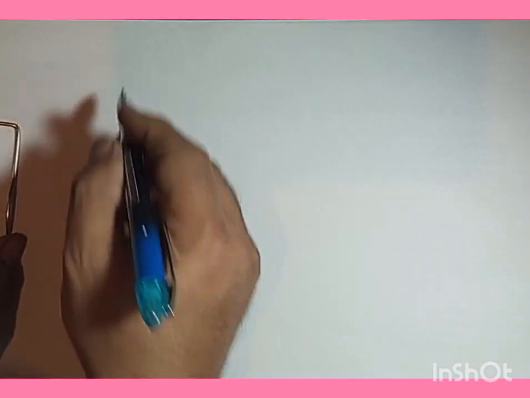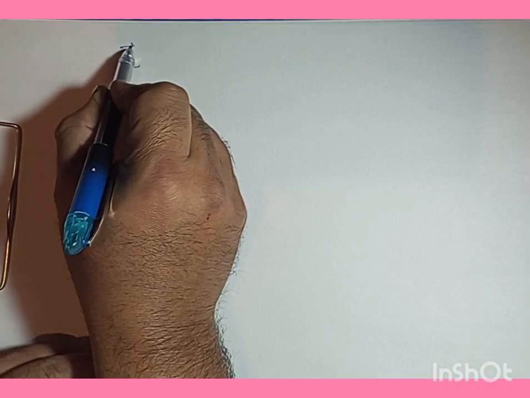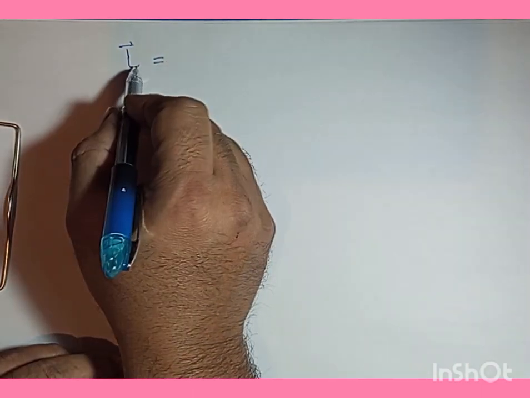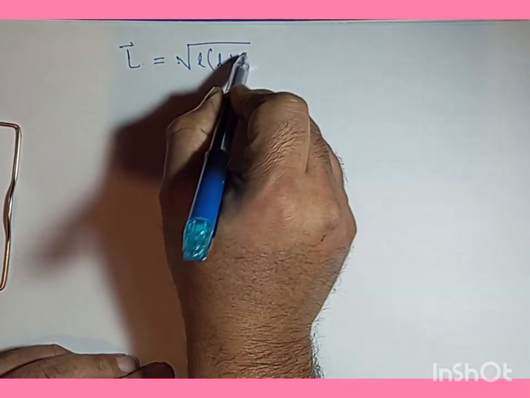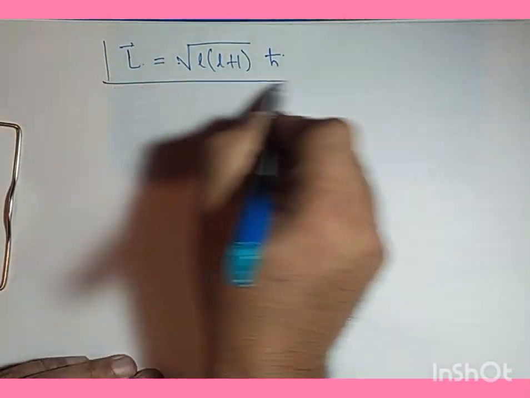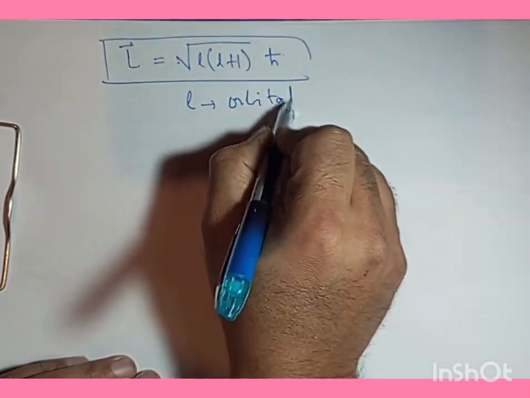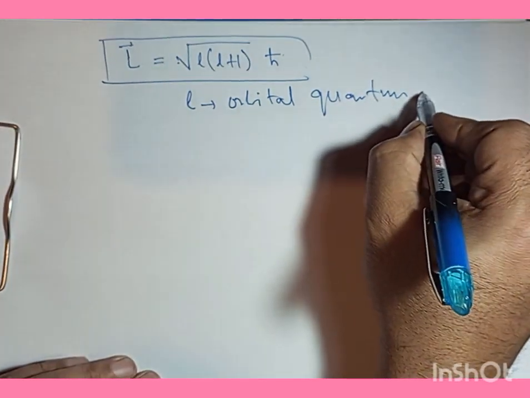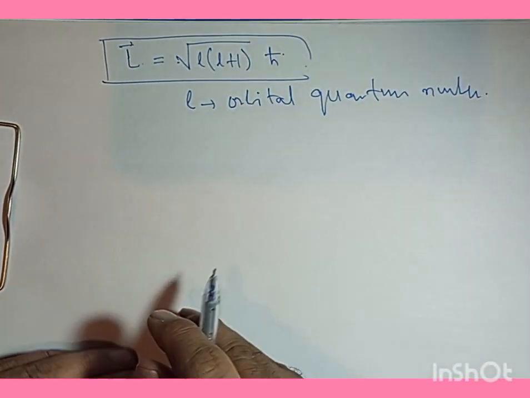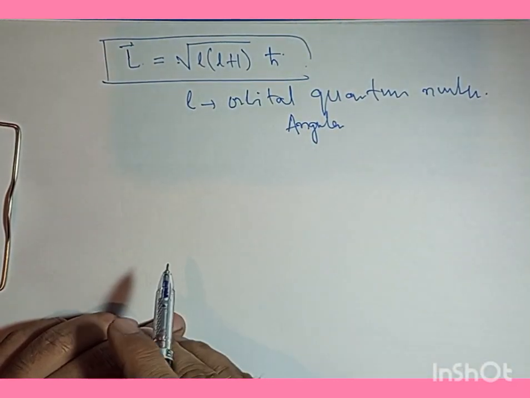Now, if we go back to the problem of the hydrogen atom, this angular momentum is quantized, and the value of this angular momentum is the square root of l times l plus 1, times h cross, where this small l is the orbital angular quantum number.